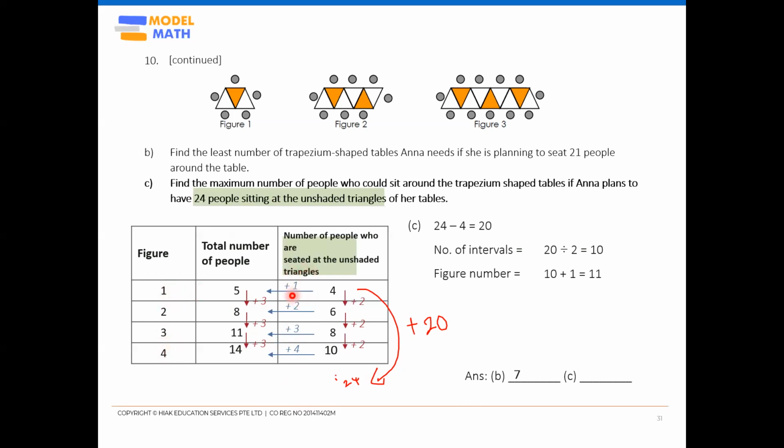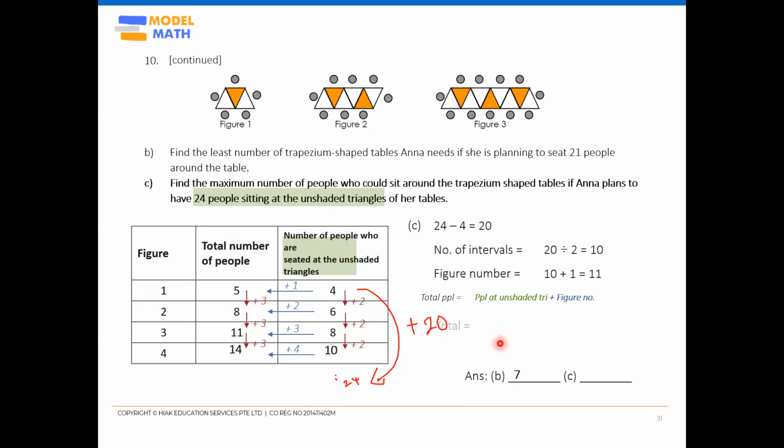Figure 1, this is a plus 1. Figure 2, this is a plus 2. Figure 3, this is a plus 3. What about at figure 11? Just now previously we already know we have 24 people sitting at unshaded triangles. But because I'm at figure 11, when I have 24 people at unshaded triangles, the total people in this case would be unshaded triangles plus the figure number.